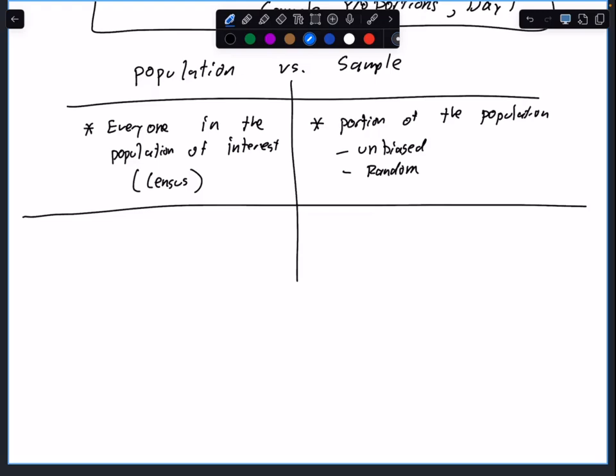So we have another thing called a parameter, and the parameter is the variable of interest from the population.